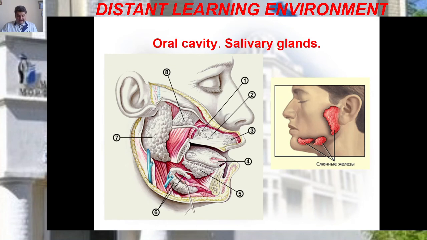It's situated on the lateral side of the face, in front of and a little below the ear, and penetrates into retromandibular fossa. On the surface, the tissue of the gland extends upward almost to the zygomatic arch and downward to the mandible angle.